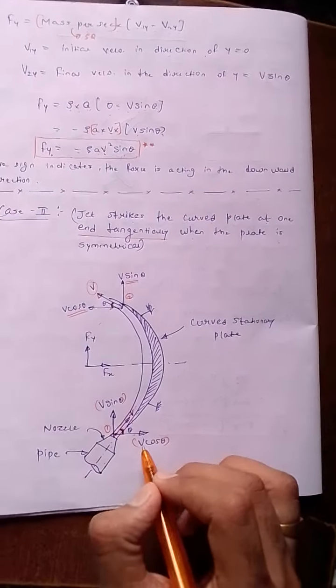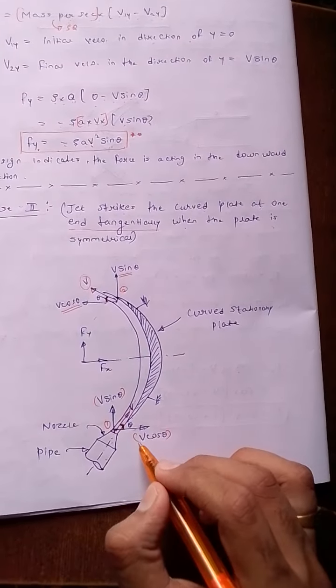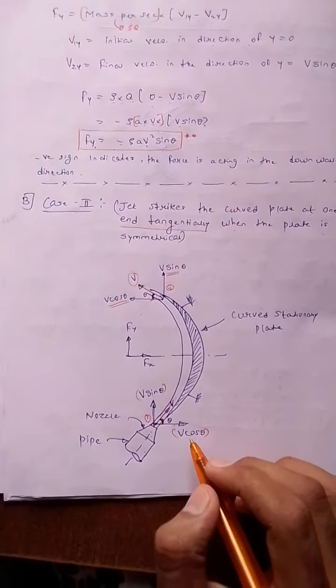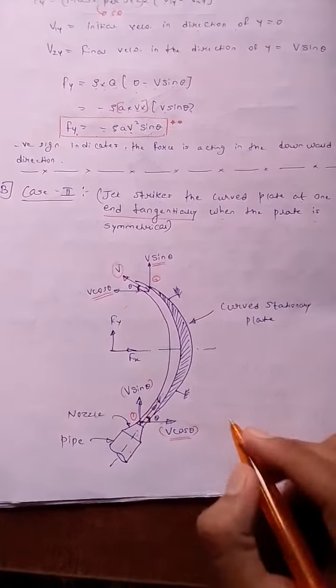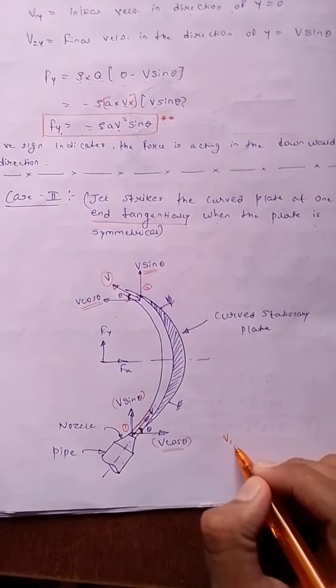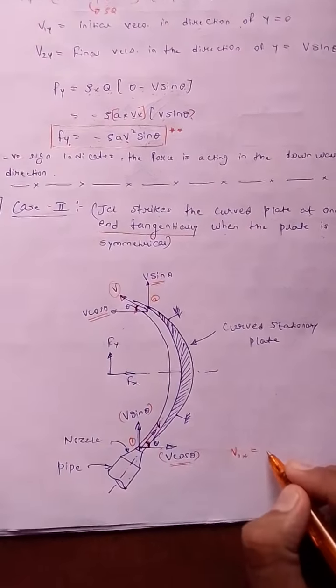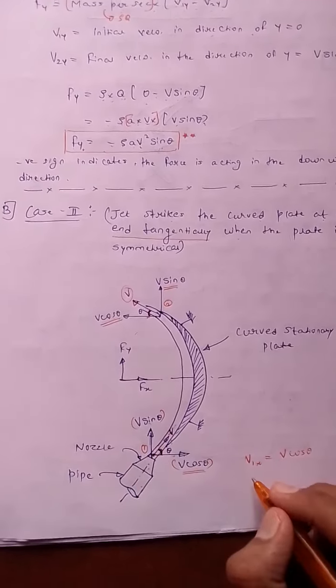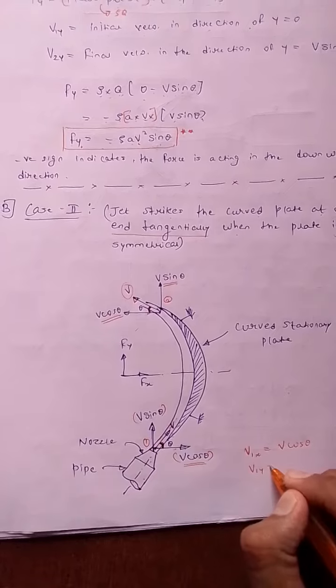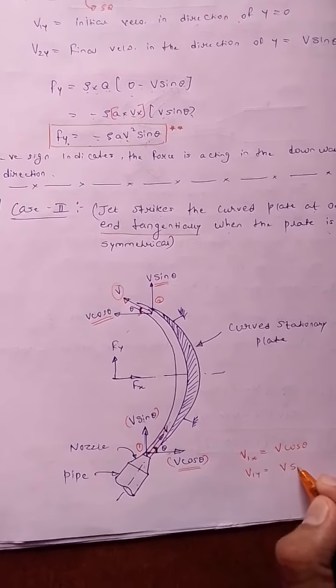At the first point, the velocity in x direction is v cos theta, so we can write v1x equal to v cos theta, and v1y equal to v sin theta.